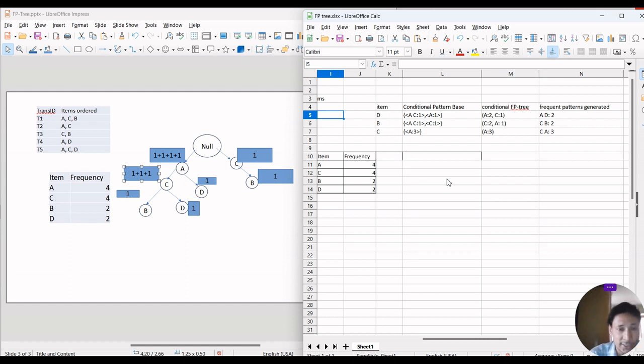Then once we have created this frequent pattern growth tree, we can generate all the interesting patterns that exist within the database. So this frequent pattern tree is efficient compared to the Apriori algorithm. But tree creation is a very time-consuming process. Once the tree is created, we can easily generate the patterns.